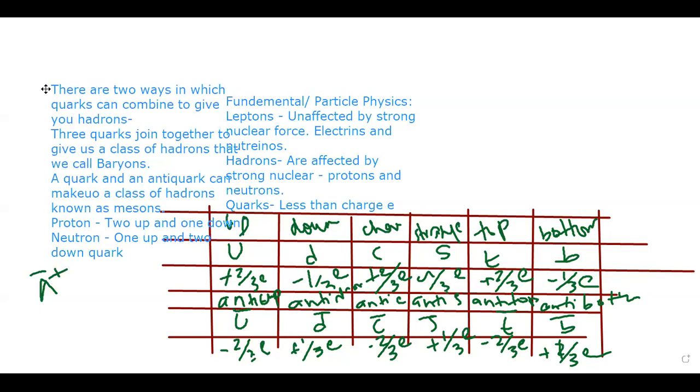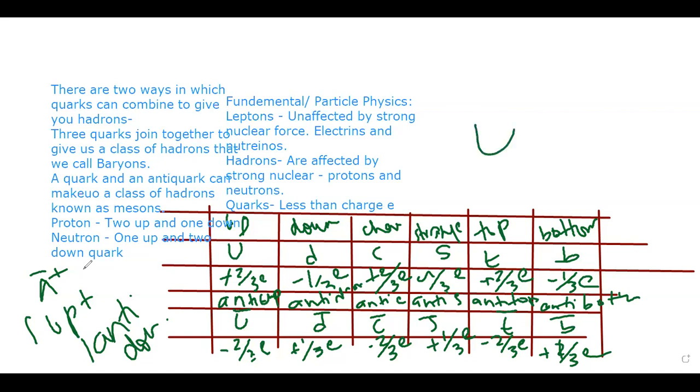The pi plus meson is made up of one up quark and one down anti-quark, which is anti-down. I'm just going to write down anti-down. One up and one anti-down. So this is one quark combining with an anti-quark, and it will give you pi plus.